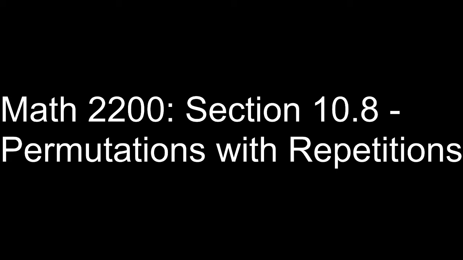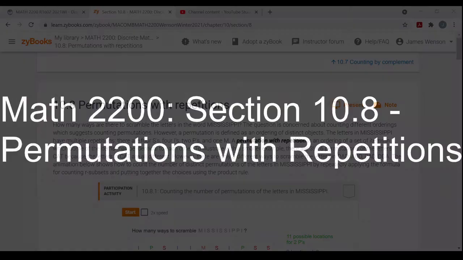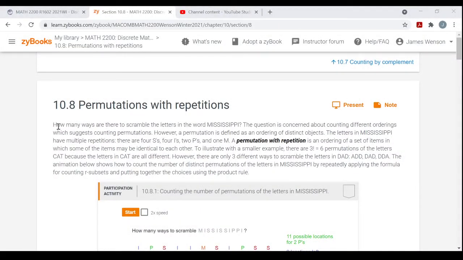And how many different looking ways can I rearrange objects like that from a set like that? So again, the question is, how many ways are there to scramble the letters in the word Mississippi? So you see M-I-S-S-I-S-S-I-P-P-I.